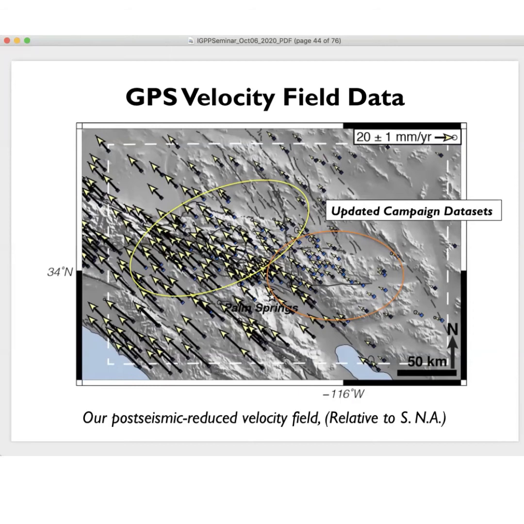So these areas that are circled here each have their own GPS campaign network, but these stations are invaluable because these are both areas that have a lot of remote wilderness and they're very difficult to access. So having these extra campaign stations really helps us constrain these fault slip rates. And if you're curious about this data and want to even use it for your own analysis, it's totally available at UNAVCO, so feel free to just dig in.